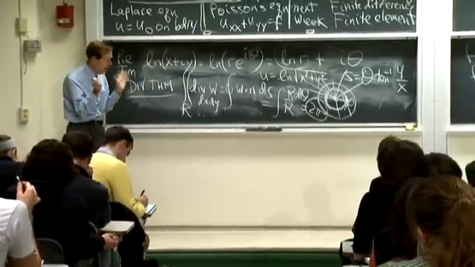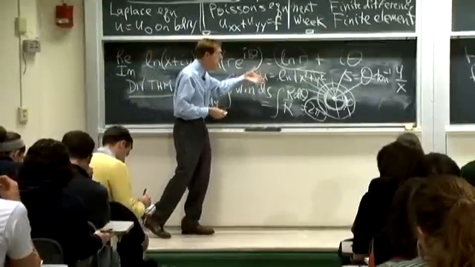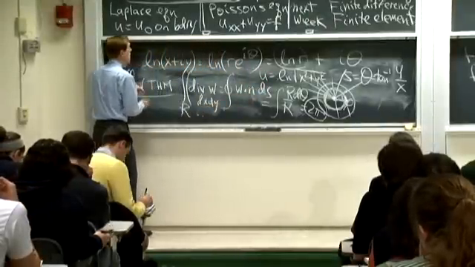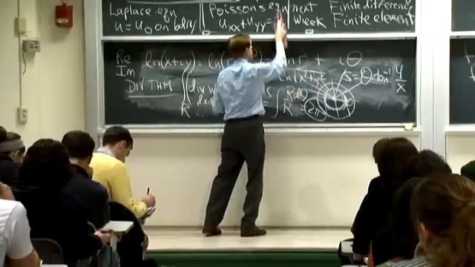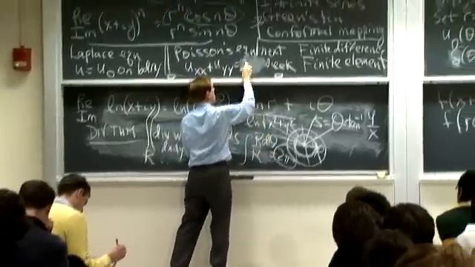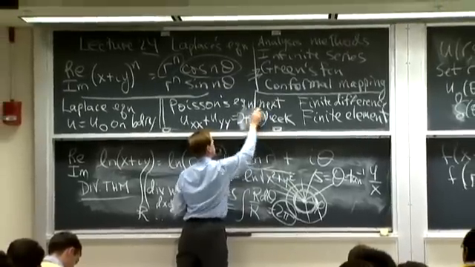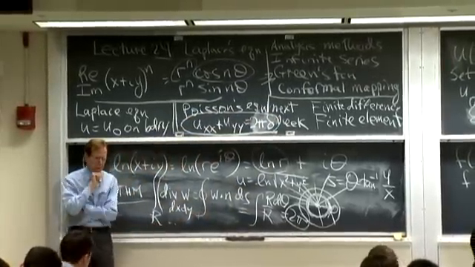So I really should say Poisson's equation. This has turned out to be the solution to Poisson with a delta, or with 2 pi times a delta. We have just solved this important equation, Poisson's equation with a point source.